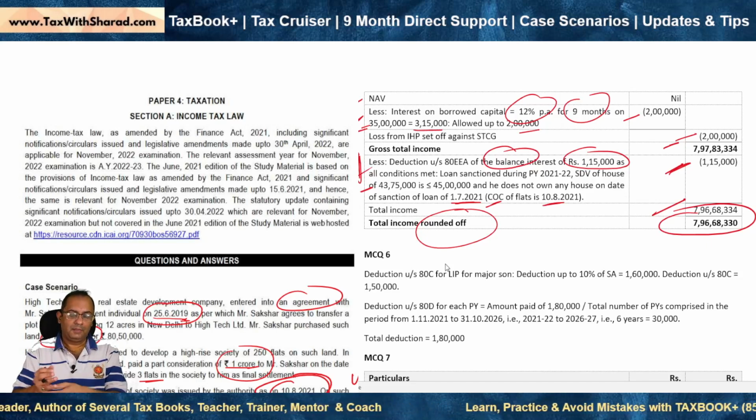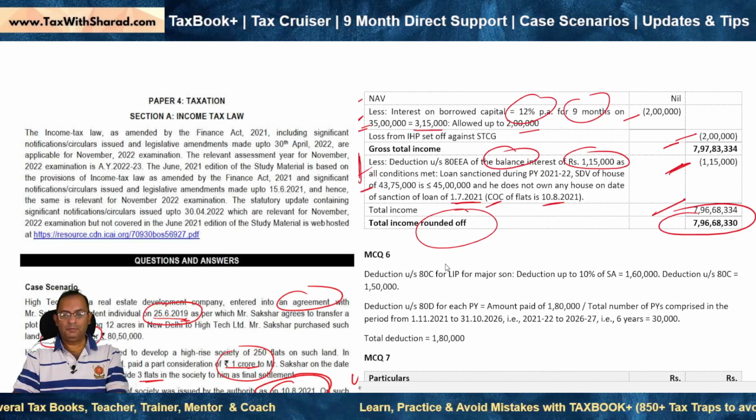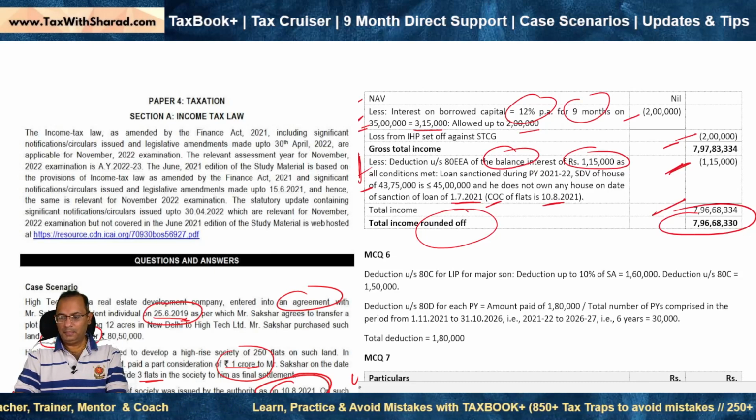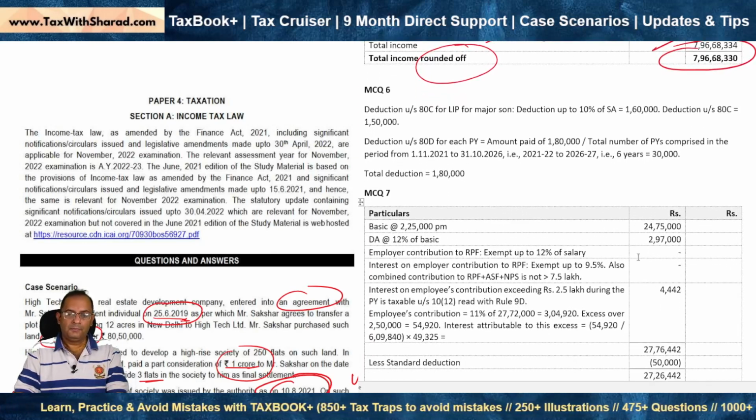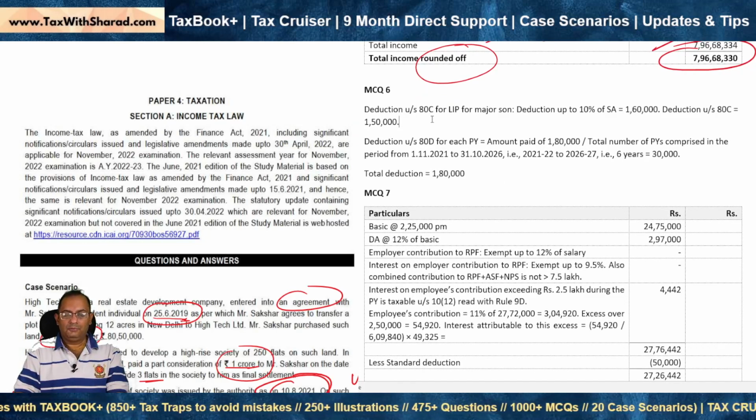And if you read it along with TaxBook, that's the ideal way to do it. But otherwise, on a standalone basis also, Tax Cruiser will be simply great for you. Interlinking is really very important, because otherwise it becomes very difficult to crack the various practical questions. And almost all questions are practical when you talk about the tax paper.